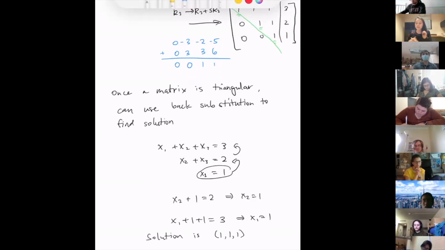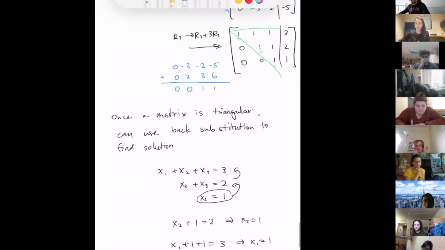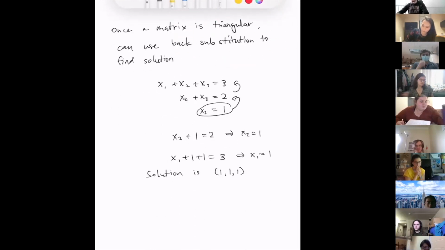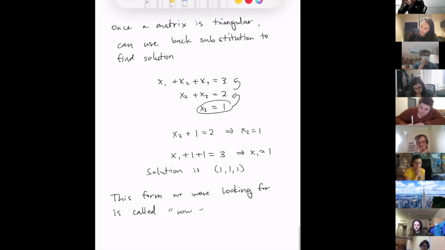Now, there is a particular name for this form that I found, this sort of triangular form. It's actually going to be more general than this, and it's what's called a row echelon form. This is called the row echelon form, right?